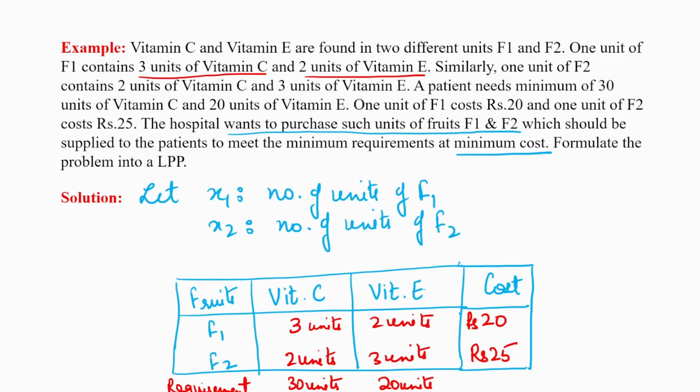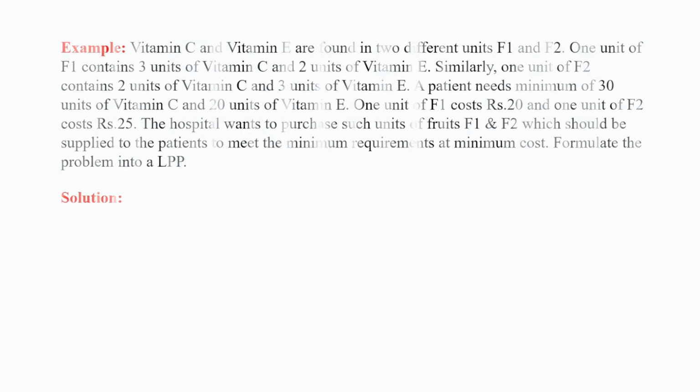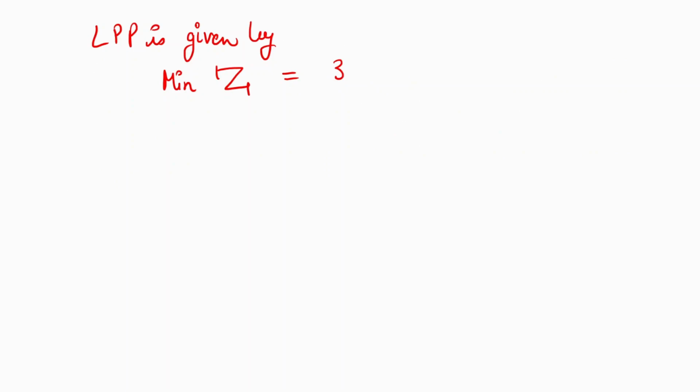Very clearly you could observe here, first of all we have to minimize the cost, so the LPP is given by minimize Z, that is 20x1 plus 25x2, subject to the constraints.